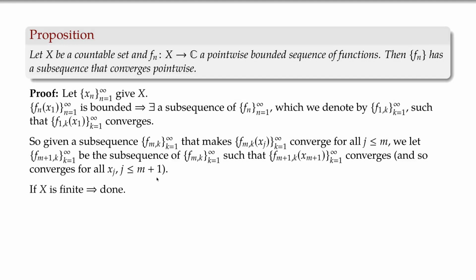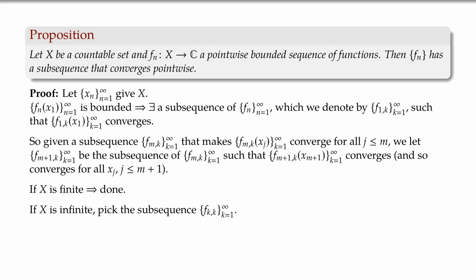If X is finite, we're done, since there's no need to go forward after finitely many of these steps. So suppose that X is infinite. That's the really interesting case.